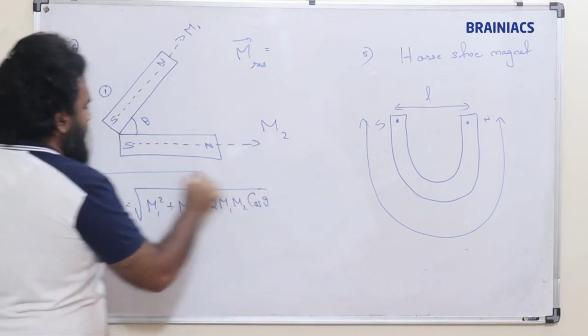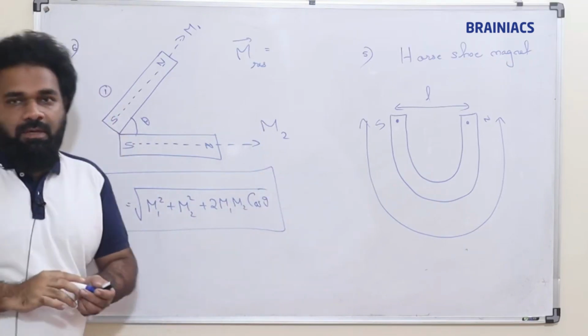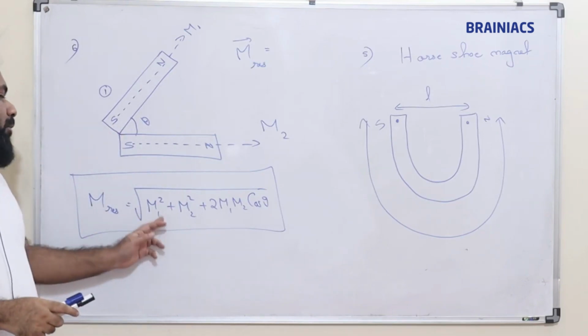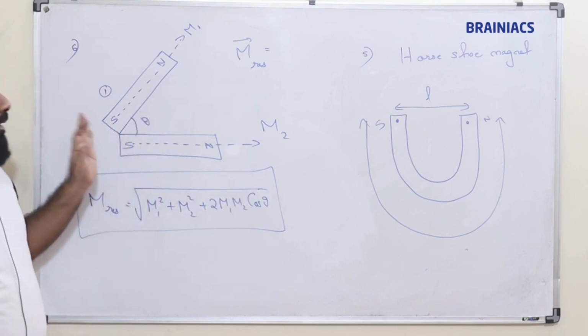That's it. If we get such combinations, we take the root of M1 square plus M2 square plus 2 M1 M2 cos theta. Clear or what?